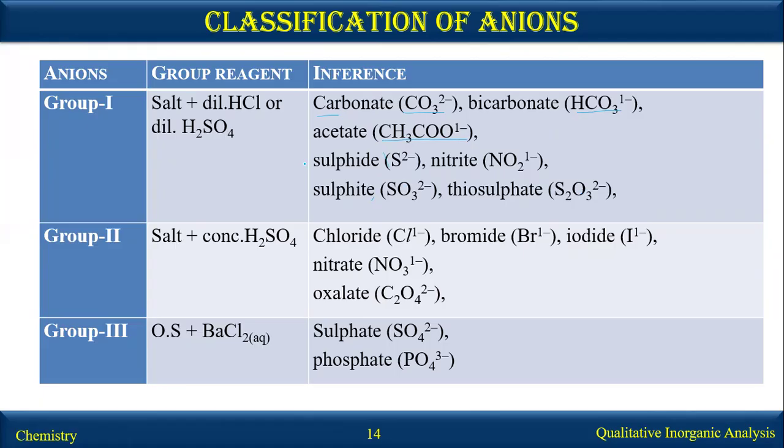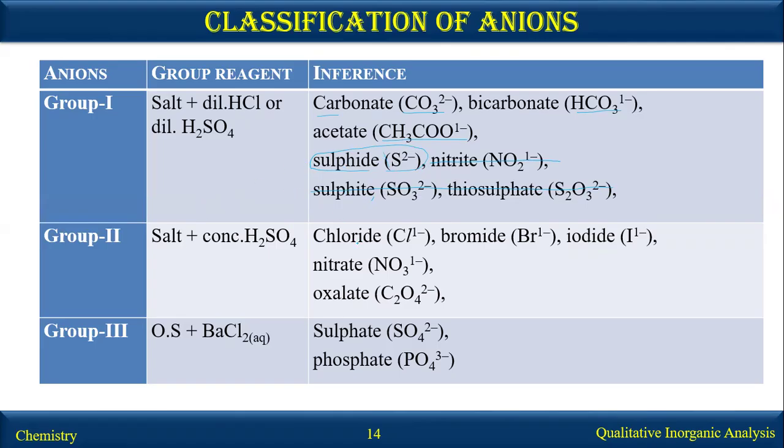These are not part of our syllabus, but remember these ions for your Viva. Nitrite is not part of our syllabus, but in some colleges, sulfide is given in the experiment, so you must follow the test for sulfide as well.